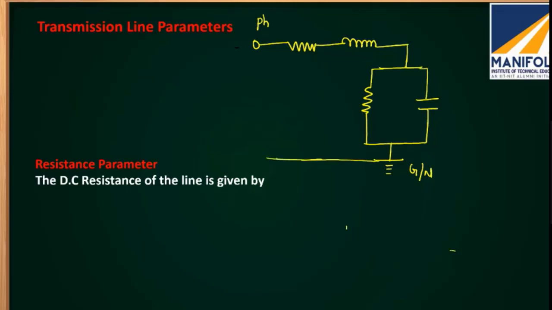For any transmission conductor, there are 4 parameters: series resistance, series inductance, shunt conductance, and shunt capacitance. 2 parameters are present in series, resistance and inductance. 2 parameters are between the conductor and the ground: conductance and capacitance. 2 series parameters and 2 shunt parameters.